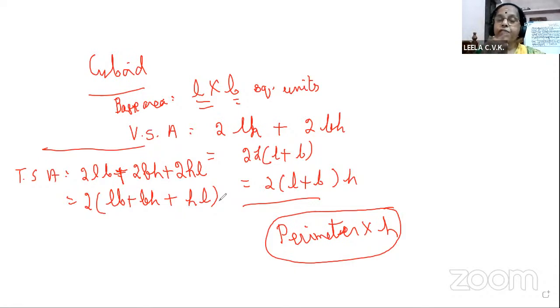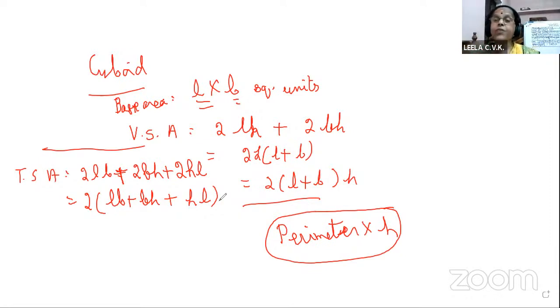So first one LB, then L is replaced by B, that is BH. L is replaced by B, B is replaced by H. So it is BH. And in the last one, B is replaced by H, H is replaced by L. This type of expression, you must have studied, these are known as cyclic expressions.